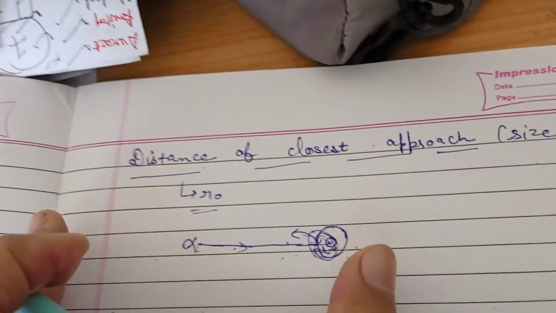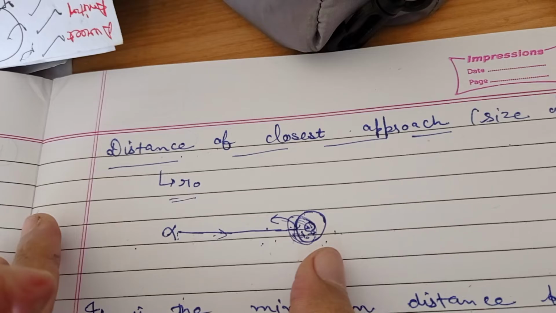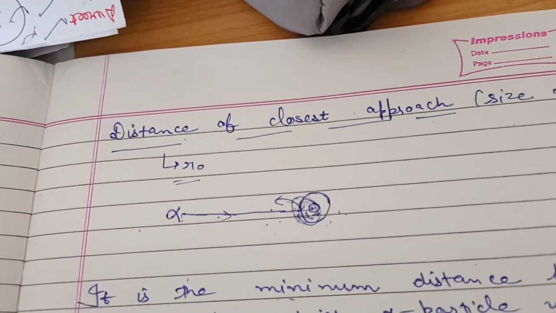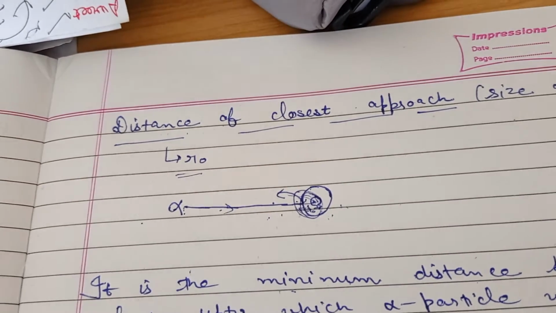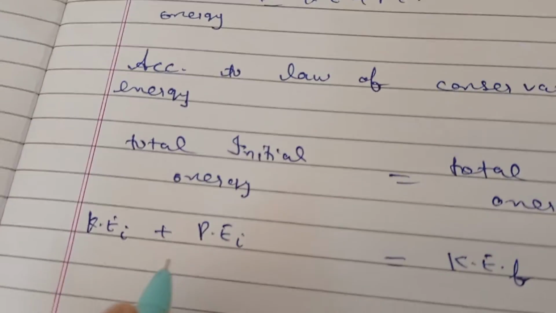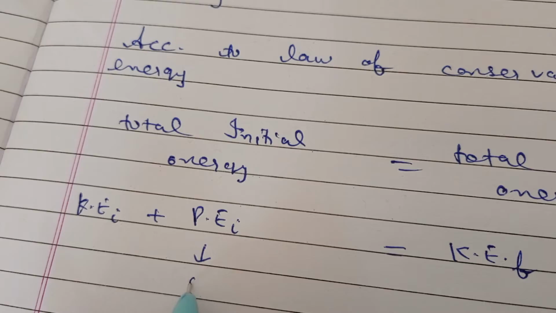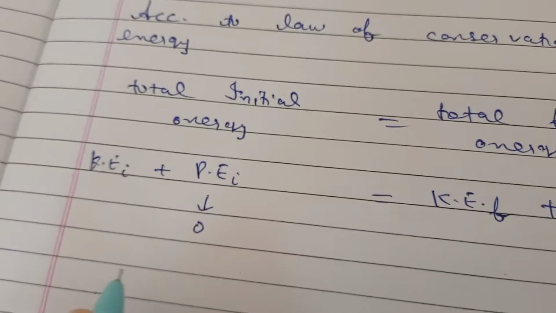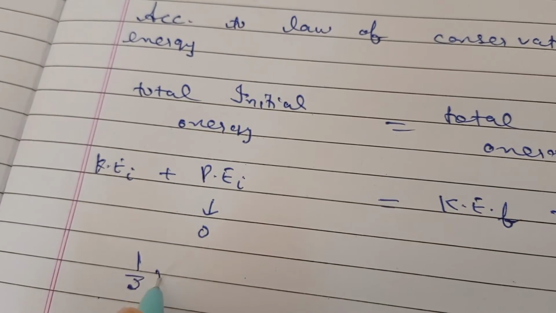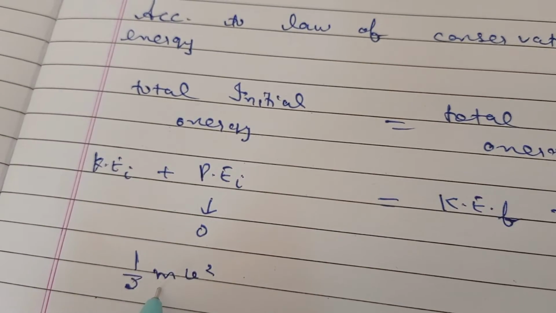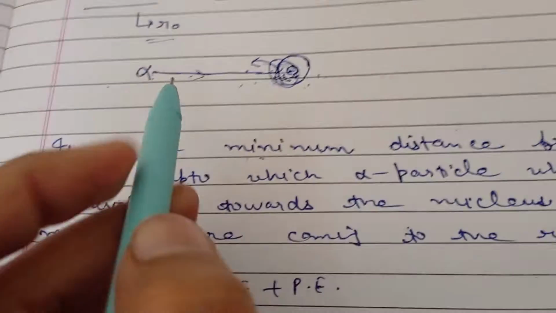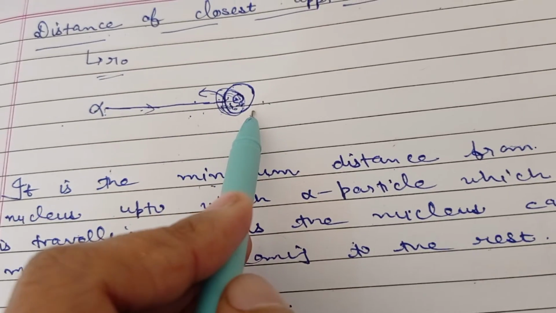Now initially the alpha particle is at infinity, and at infinity the potential energy is 0, so initial potential energy is 0. And kinetic energy, you know the formula: half m v square, where m is the mass of the alpha particle and v is the velocity with which the alpha particle is traveling toward the nucleus.